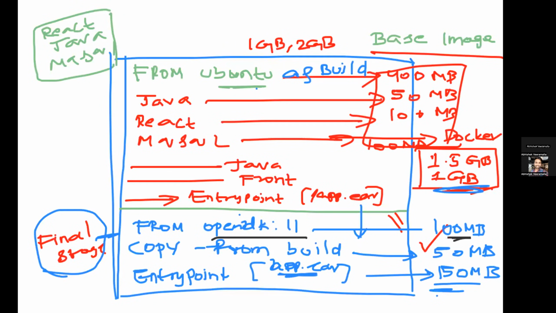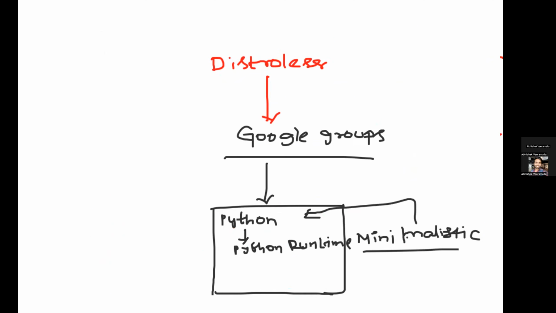Now there is another kind of distroless image that will not even have a runtime. For example, take a Golang application. Golang is a statically typed language, and these statically typed applications don't even require runtimes.